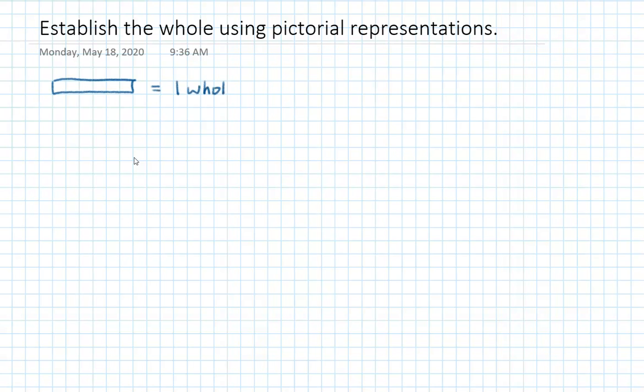Okay, you can see the usefulness of using graph paper with students. So if I'm using this as the whole, then we might ask ourselves, okay, what value is this right here? Okay, so what value is that?